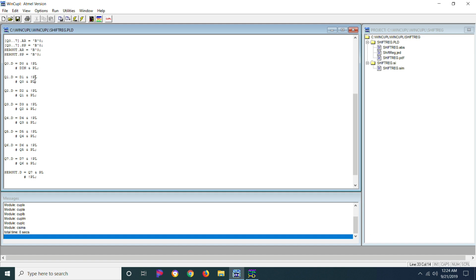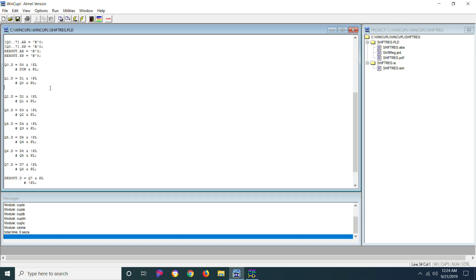Now you also have to keep in mind that you can't determine both. So if I were to try to, let's say, I wanted to set Q1D, but I wanted to set it not equal to, let's do something obvious, so not Q0 and PL.